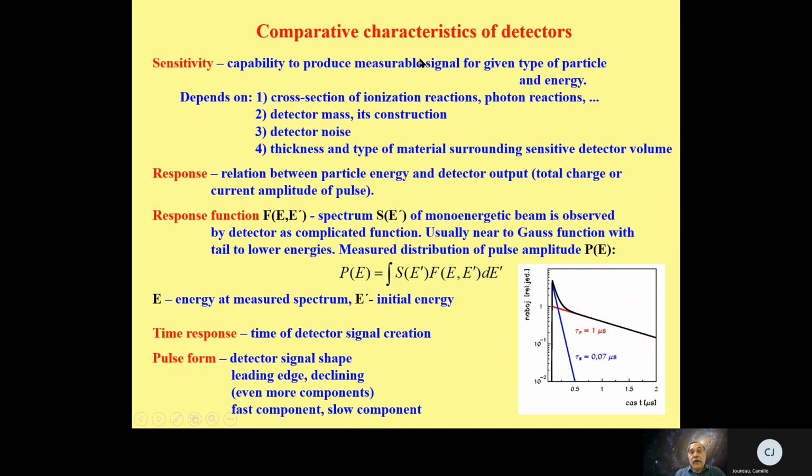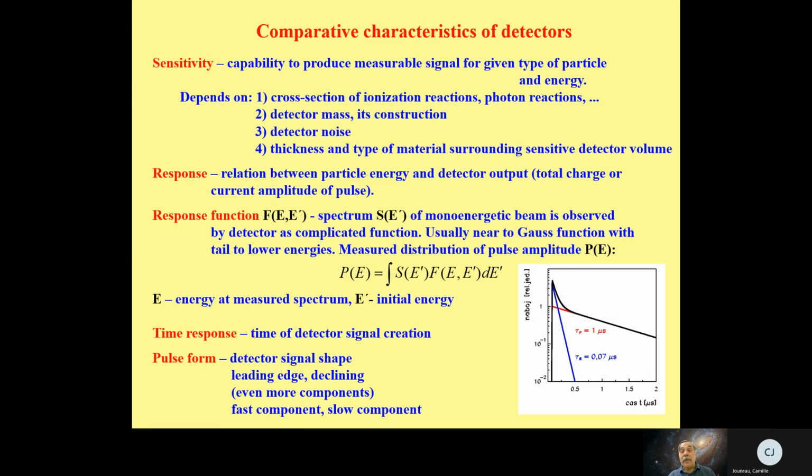Okay, let's have a look at these characteristics of detectors. First is sensitivity. This is the capability to produce a measurable signal for a given type of particle and energy, because we have some detectors which are sensitive to one type of particle and others to another type.